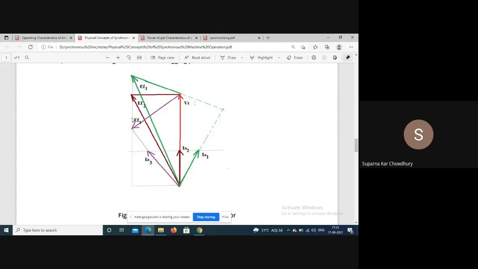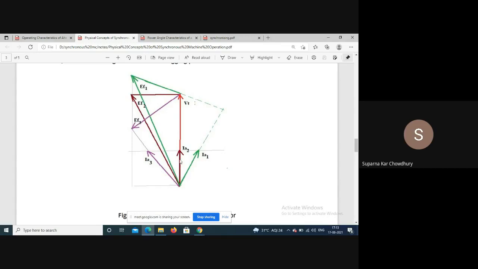Now this excitation for lagging power factor will be maximum, for unity less than that, and for leading less than unity also. But in all the cases we have seen that the power expression is Vt Ef by Xs sine delta. So for constant power output, Ef sine delta also should remain constant.